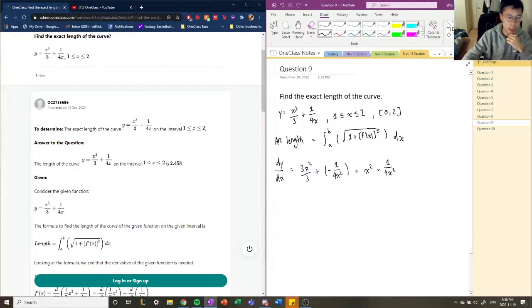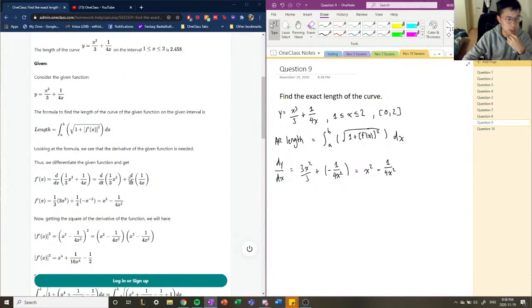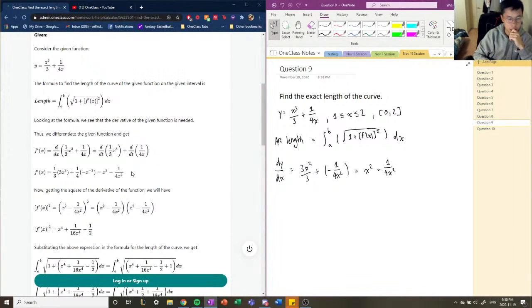That's our derivative, dy over dx. Now we're going to plug that into our integral.